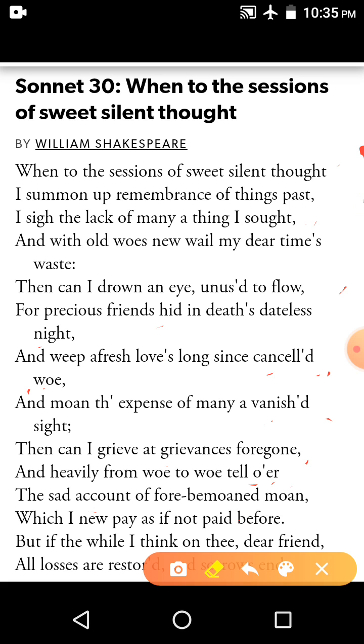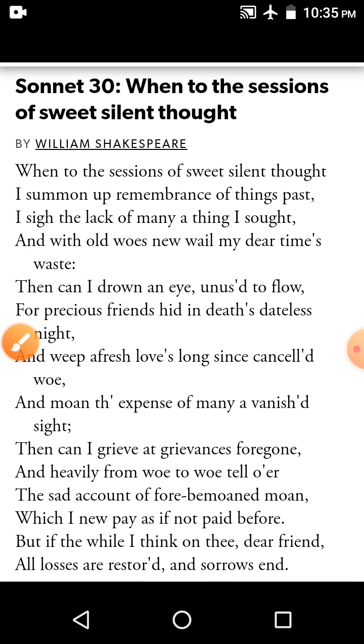But whenever I remember my friend and weep in their memory, it seems to me that all those losses are restored and sorrows end, and thus this is the end of my sorrows. So here we have a beautiful ending of this poem: whenever I remember my friends I feel sorrow, but whenever I weep in their memory my sorrows end, all my losses are restored.